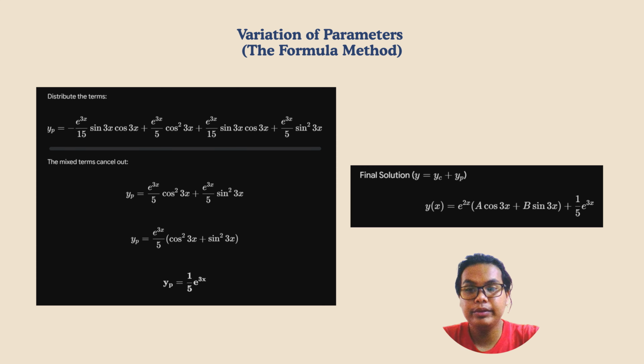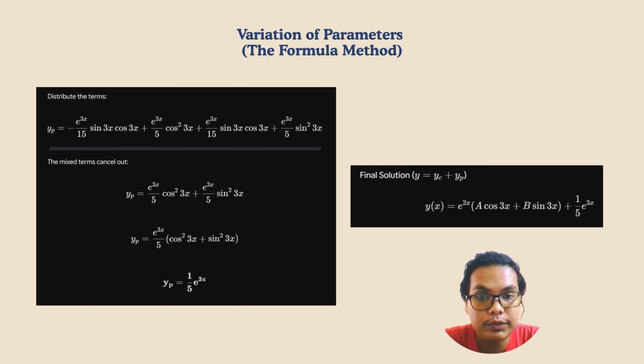We distribute the terms. yp equals negative e^(3x)/15 sin 3x cos 3x plus e^(3x)/5 cos squared 3x plus e^(3x)/15 sin 3x cos 3x plus e^(3x)/5 sin squared 3x. We cancel out the mixed terms, and we get yp equals 1/5 e^(3x).